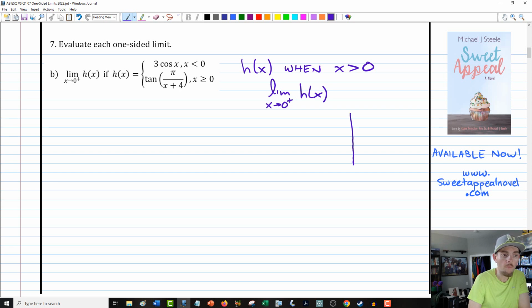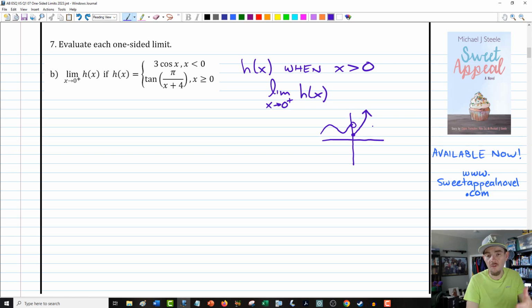We're interested in only one part of the behavior. I don't know if this sketch is quite perfect, but imagine that it is for a second. Basically, we're interested in what's happening as we approach from the right side, using those values of x that are larger.